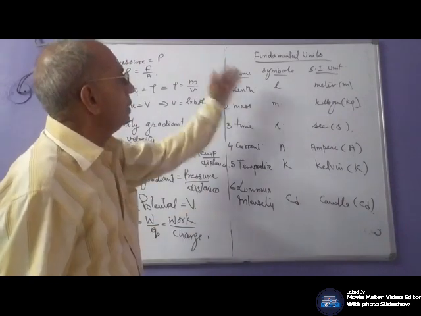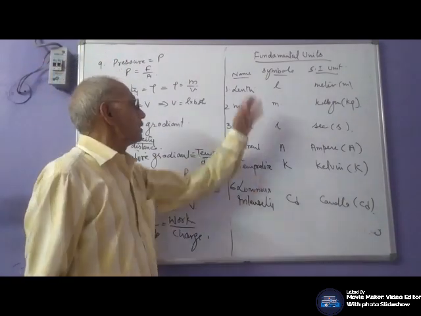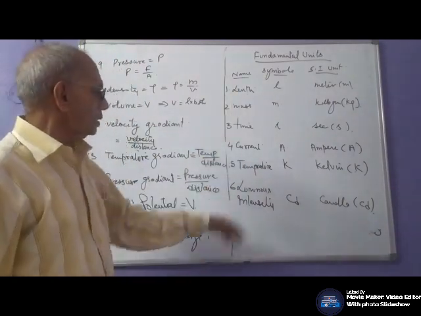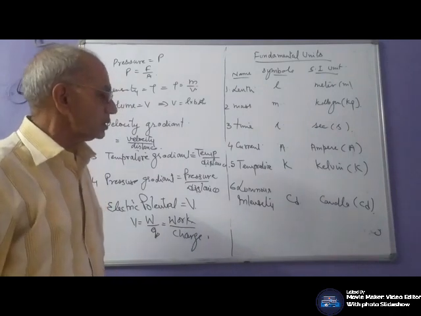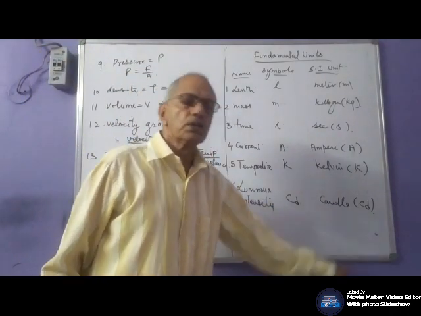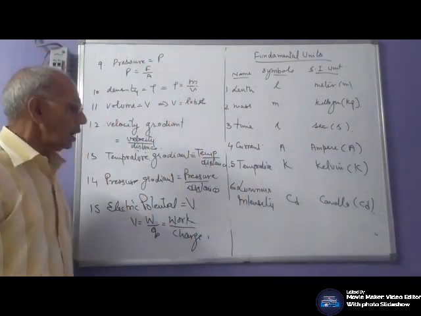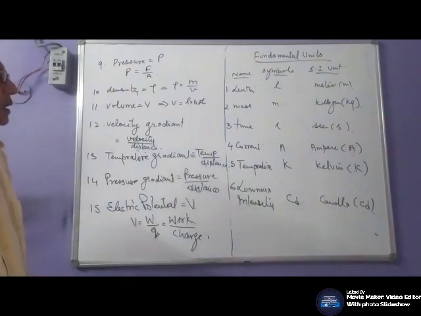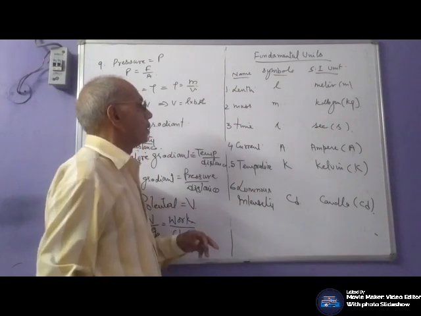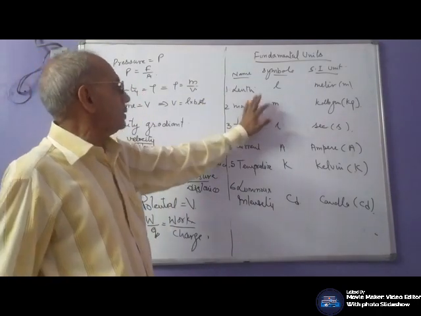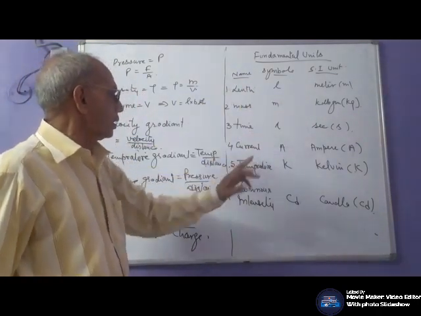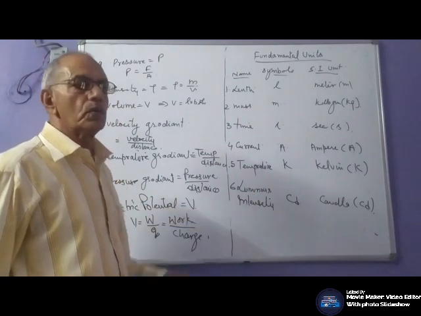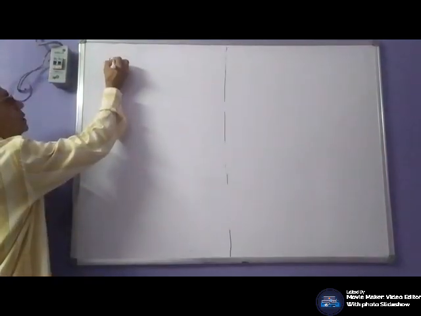So these are fundamental units: length, mass, time, current, temperature, luminous intensity. There are other supplementary units: angle, solid angle. We will deal with them now. Fundamental units: length, mass, time, current, luminous intensity.